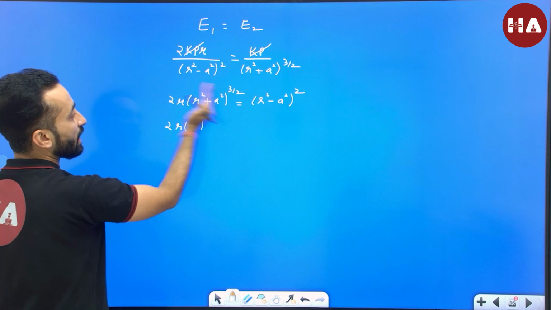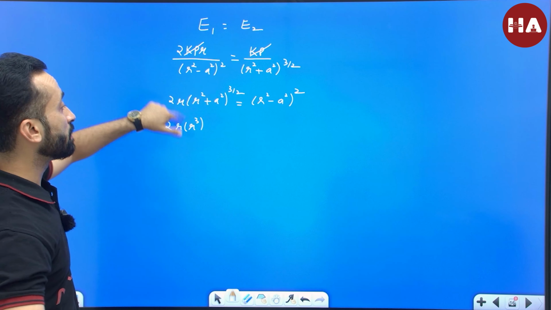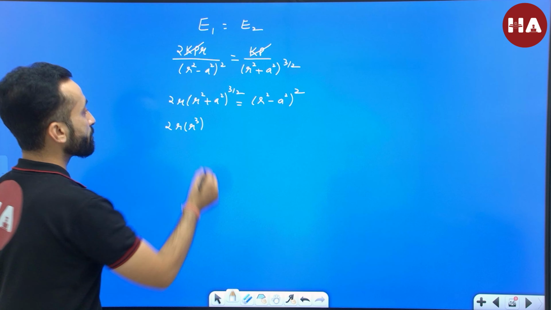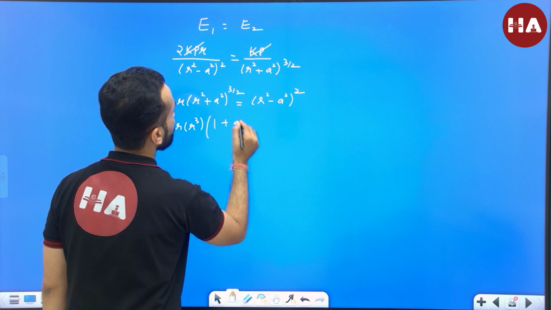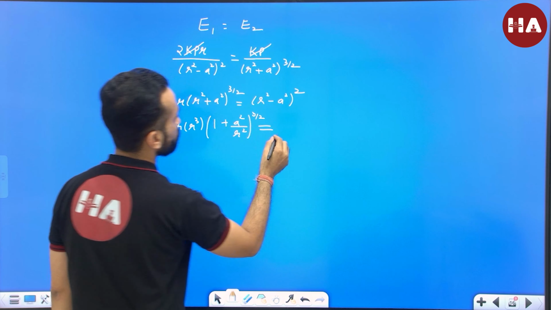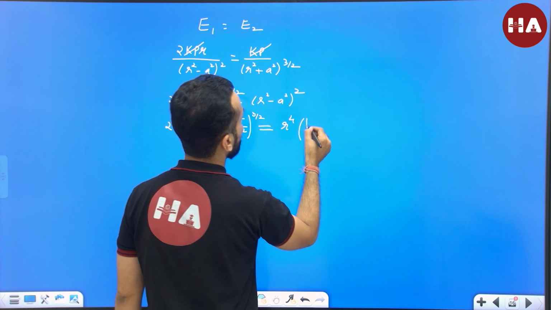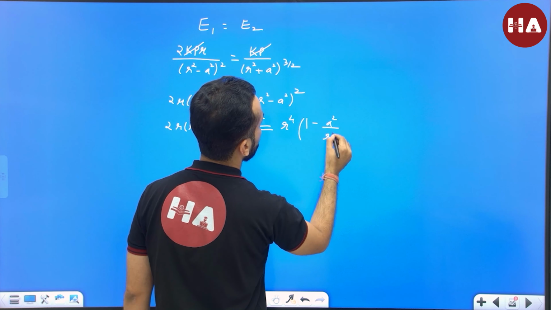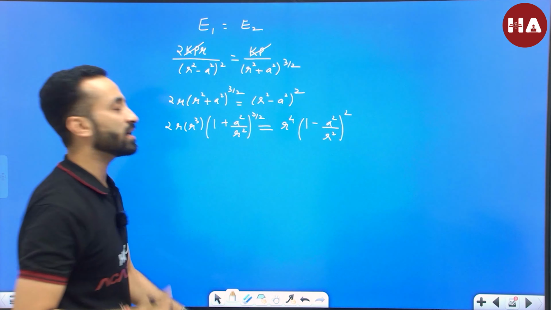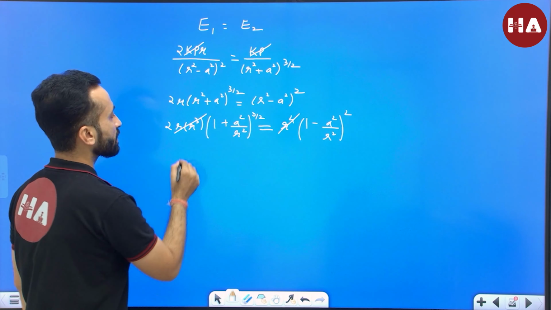Since this is power 3 by 2, this will become r cube, and we are left with (1 plus a square by r square) raised to the power 3 by 2. If I take r square common here, this becomes r4, and this is going to be (1 minus a square by r square) whole square. Now this r4 and this r4 cancel out.